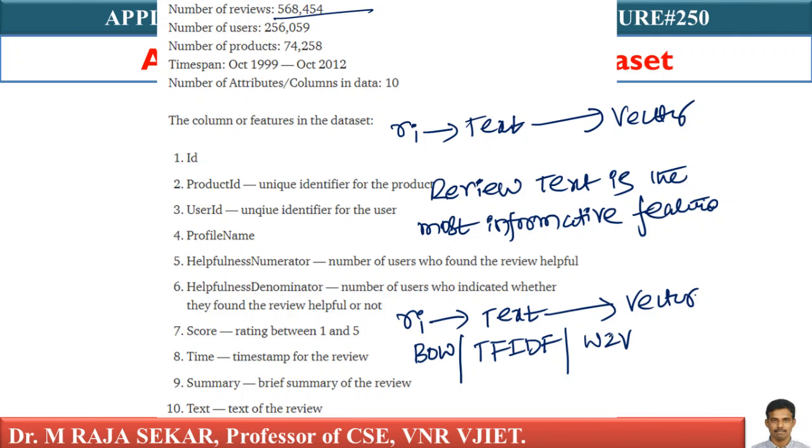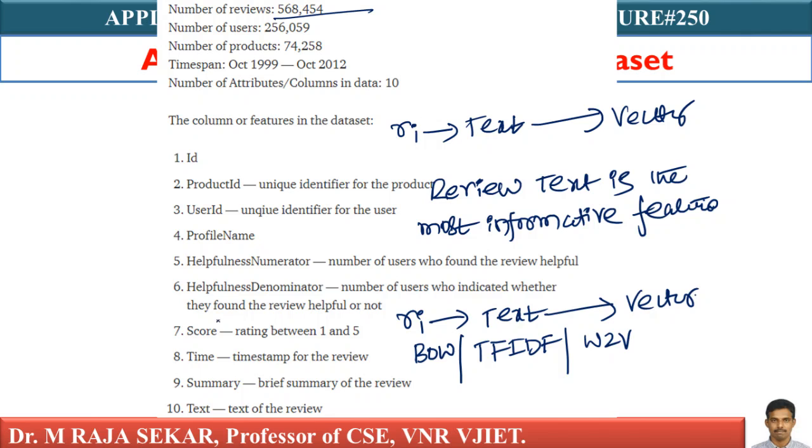We already discussed these techniques in our previous lectures. Now for each review, I have a vector. For each review, I also have the data whether it is a positive review or negative review. Just refer to my previous lectures.